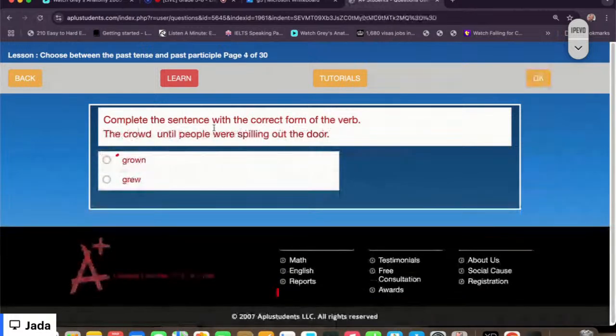The crowd grew or grown until people were spilling out the door. Grown or grew? What do you think is the right one?